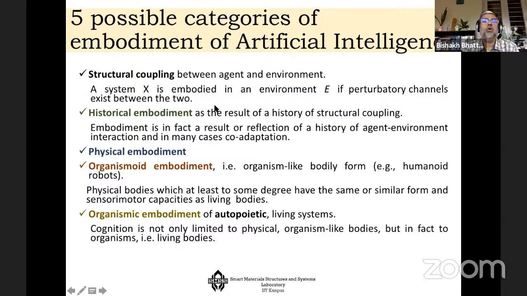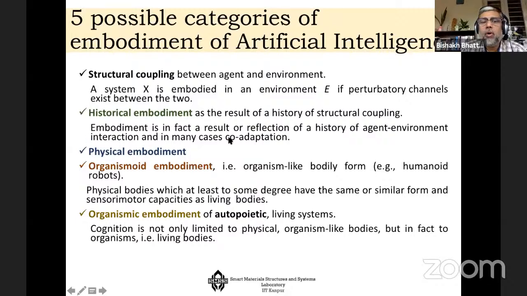An agent can be a robot. So where there is a simple structural coupling between the agent and the environment, let's say a robot is moving on a surface, and the surface, because of gravity, is applying force on the robot, and the robot is trying to overcome this force of gravity. So it has a simple structural coupling.